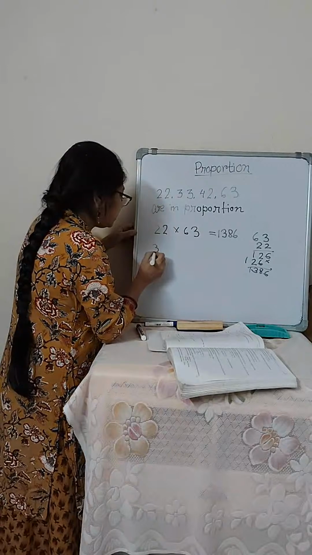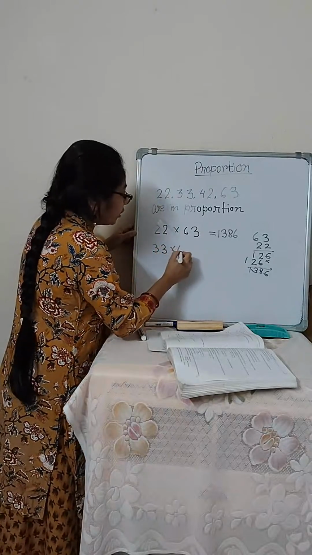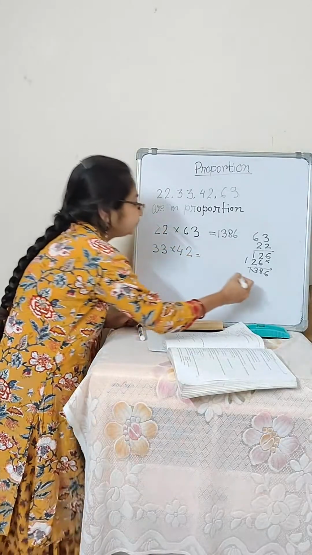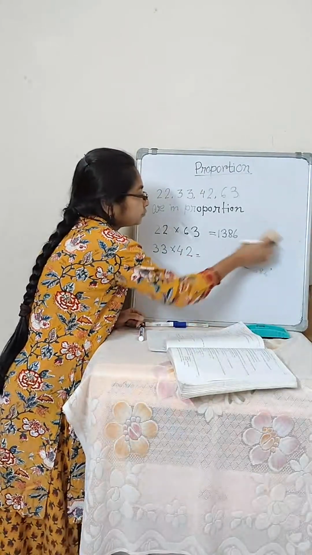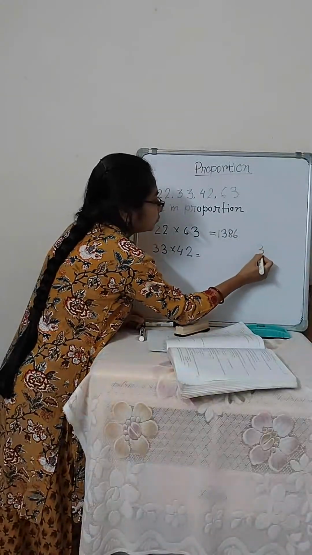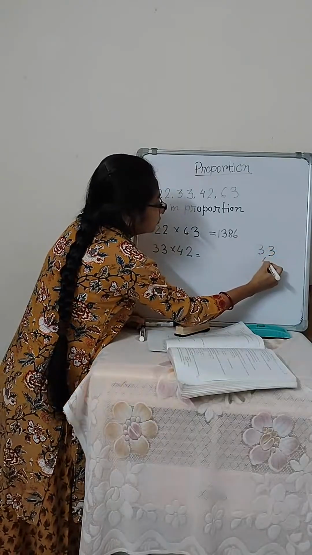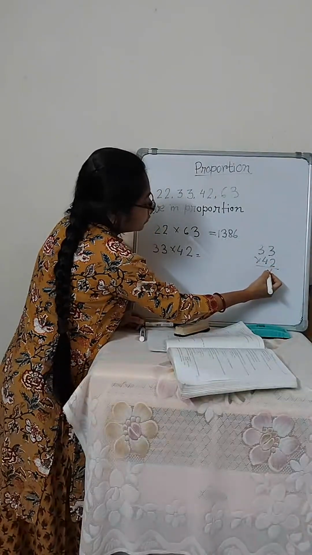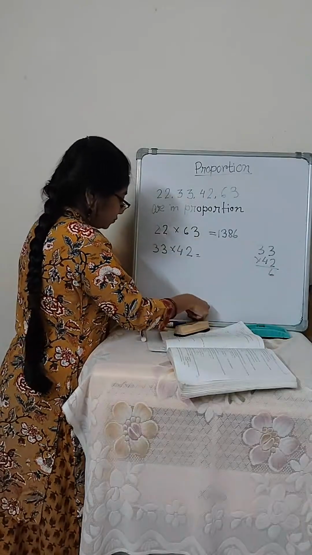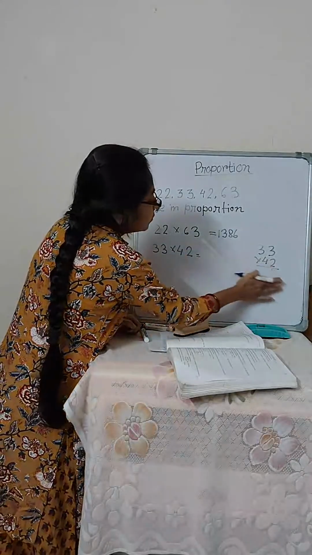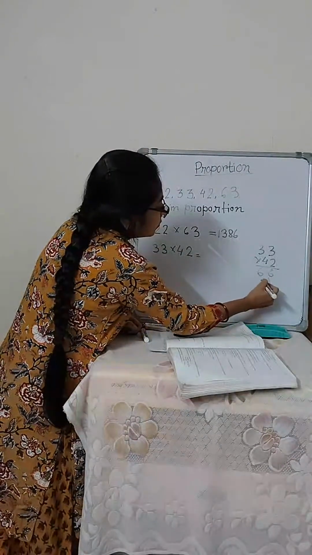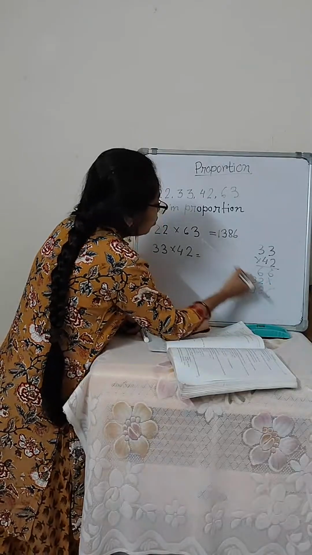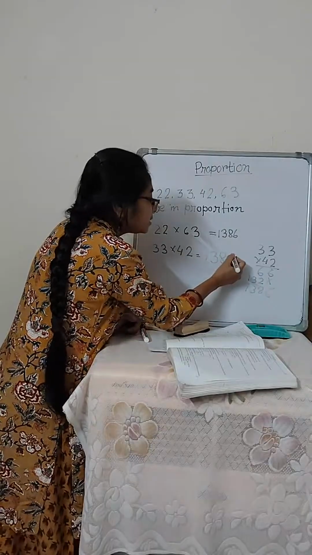Now I take the mean part. What is the mean part? 33 into 42. I calculate the result of this mean part multiplication. 1386 is the same result.